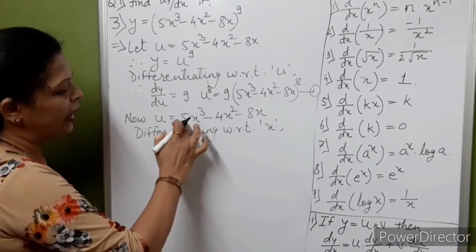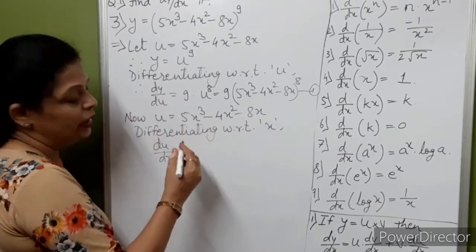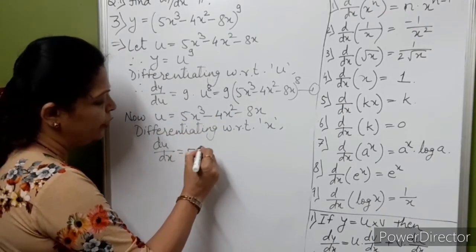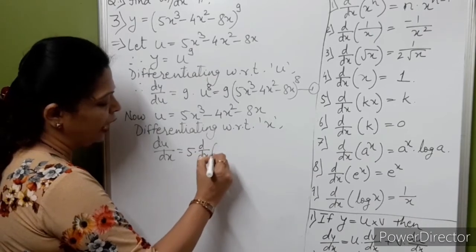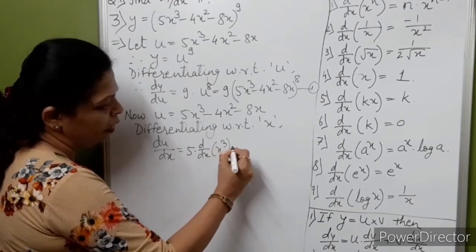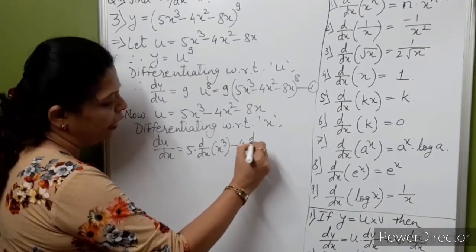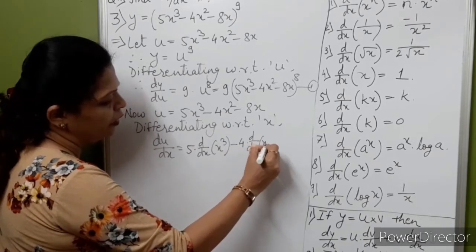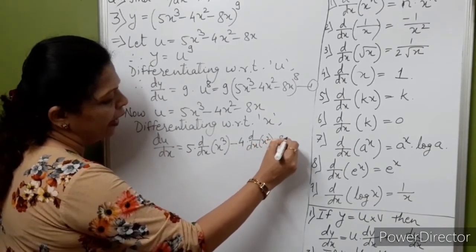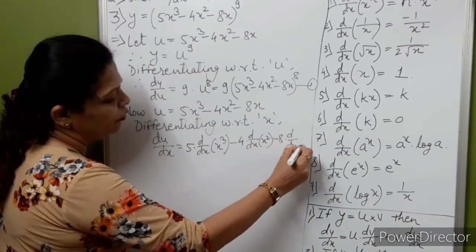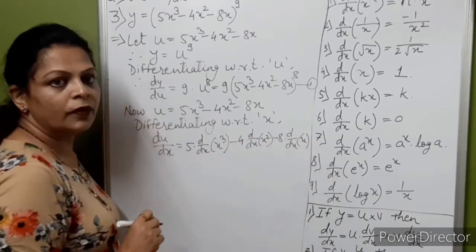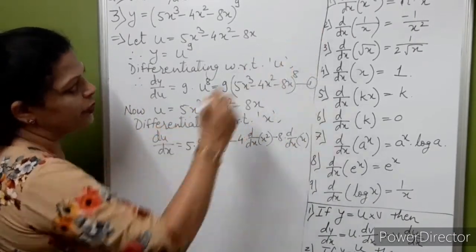Now you can take the constants outside d/dx. So 5 into d/dx of x cube minus 4 into d/dx of x square minus 8 into d/dx of x. Get it? Now you can apply this first formula.